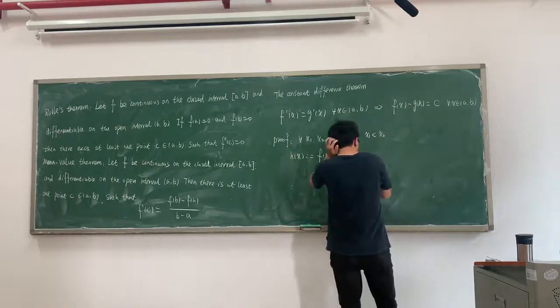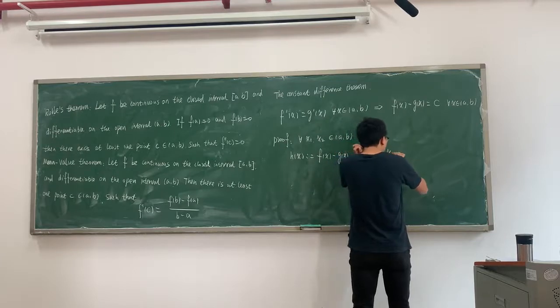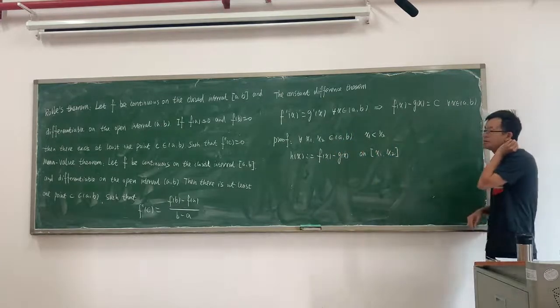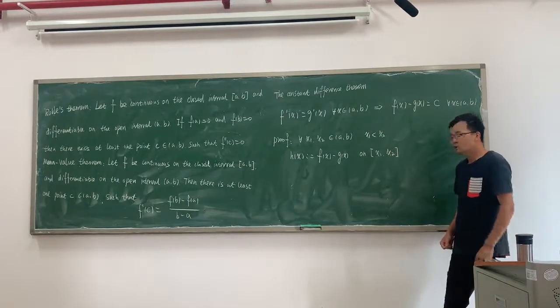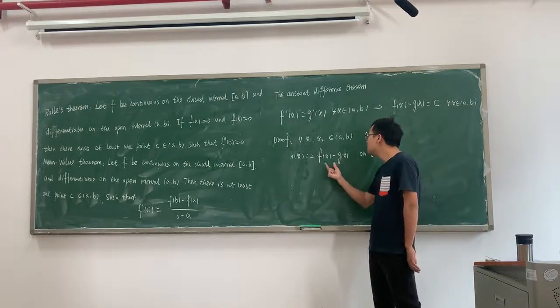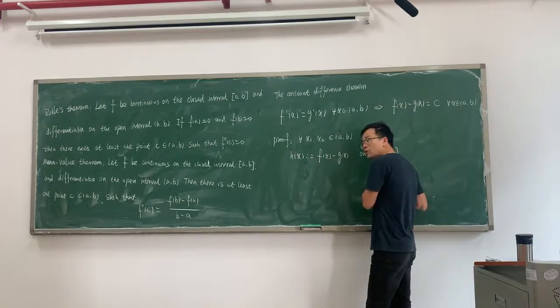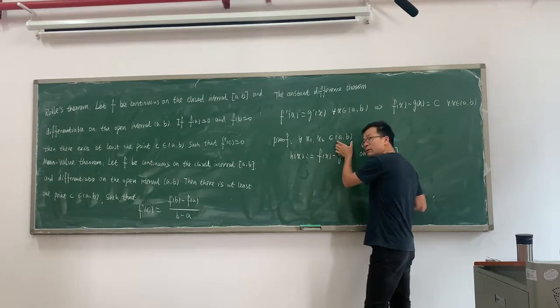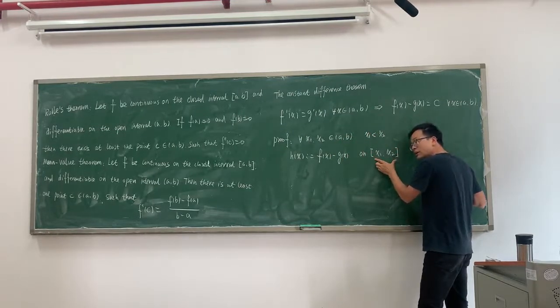We see this function on the closed interval [x1, x2]. First, f(x) and g(x) are differentiable on this open interval, so f is continuous on this open interval, and of course f(x) is continuous on this closed interval.